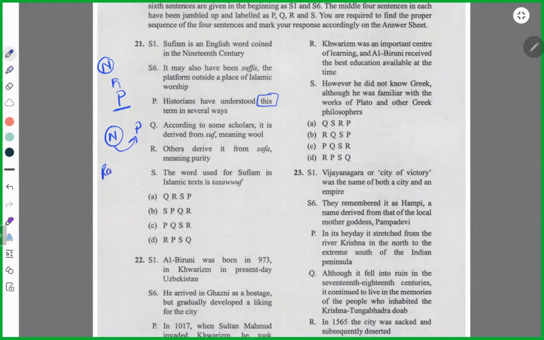For example, if Ram is there, then we will decide the pronoun he. If Sita is there, we'll decide the pronoun she. If boys are there, then we'll define the pronoun they. So first the noun is defined, then only the pronoun will come, very first rule. So obviously this term, definitely, is a pronoun.